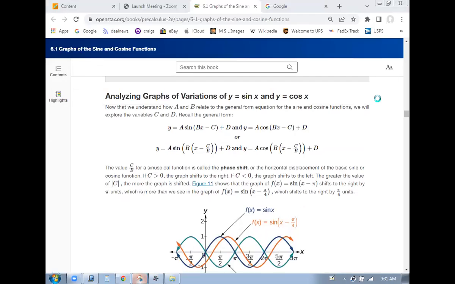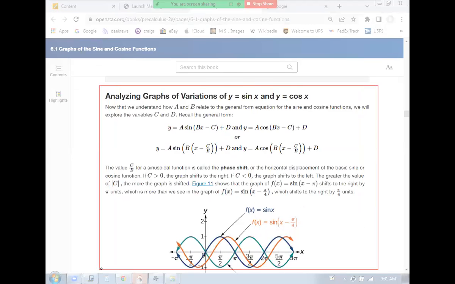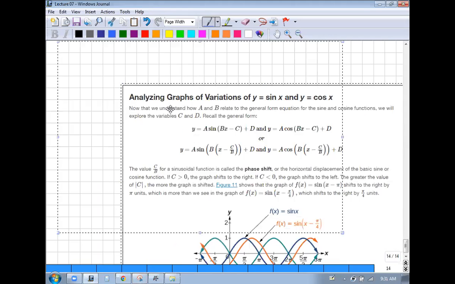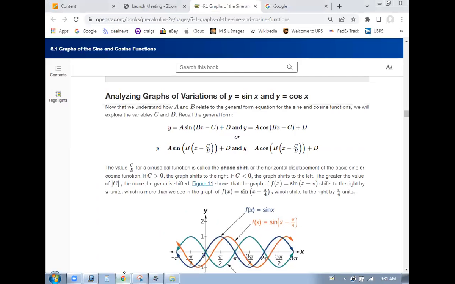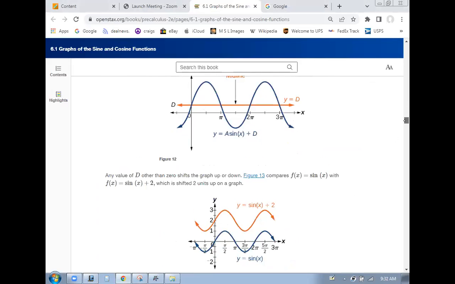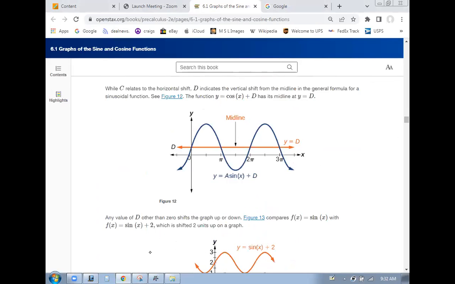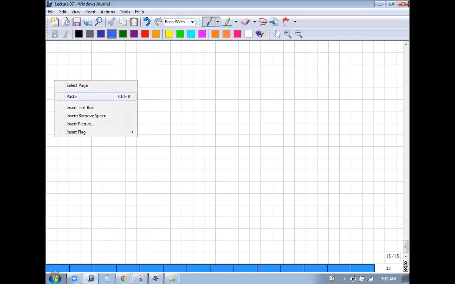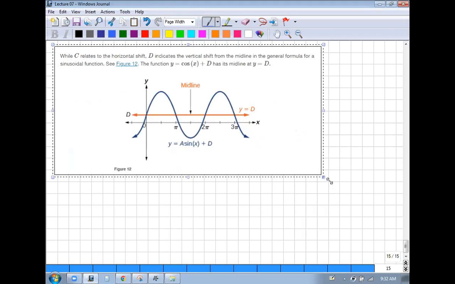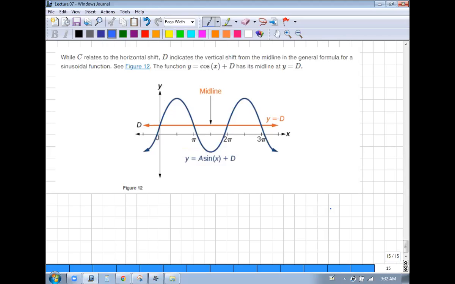Here's where they just factor out the b to show you that your shift is c divided by b. Oh, your midline. It's nice to know where the midline is, right? That helps you figure out what's going on. Your goal is to be able to look at a graph and write down the sine function, or look at a sine function and visualize the graph, right?